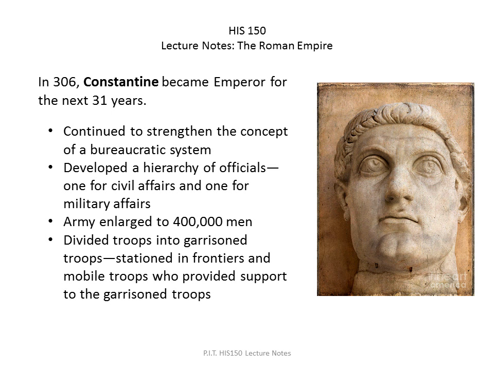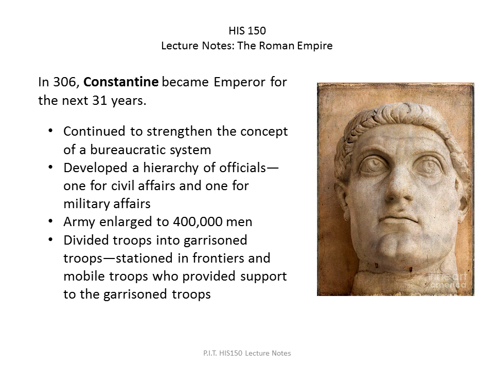Then in 306, Constantine becomes emperor, and he reigns for the next 31 years. And as we have seen with previous emperors, especially Octavian, having an emperor who is there on the throne for a very, very long time and is very stable, psychologically as well as politically, is a good thing for a country or an empire.